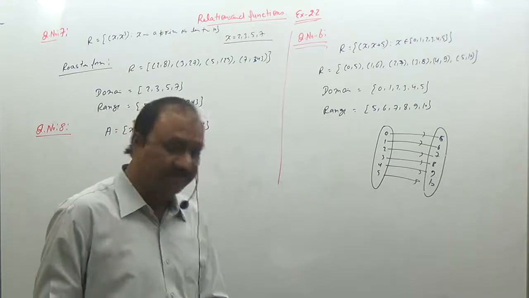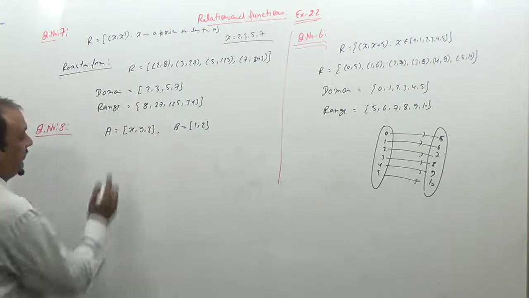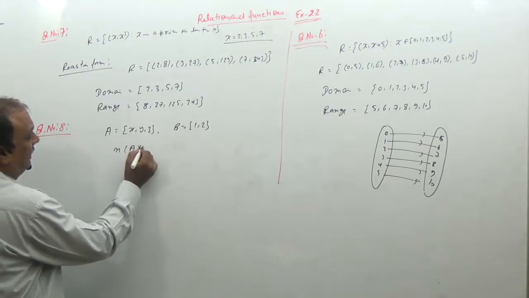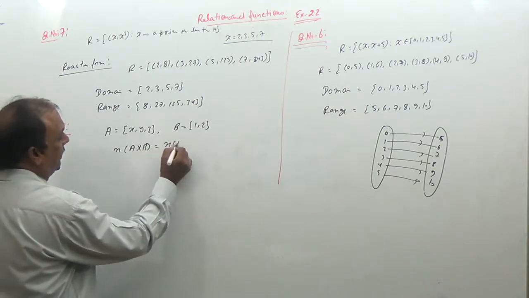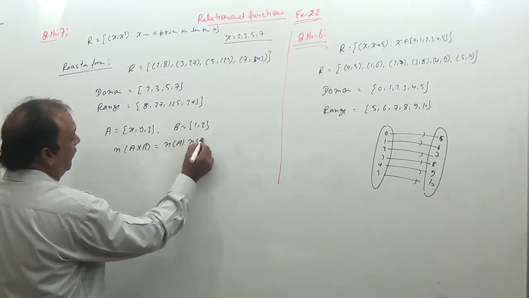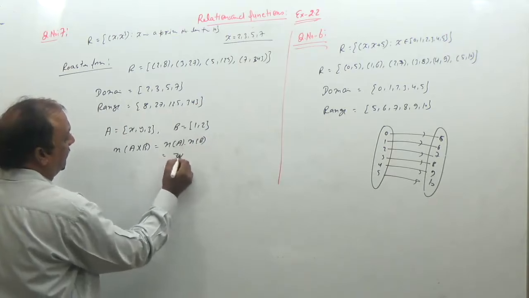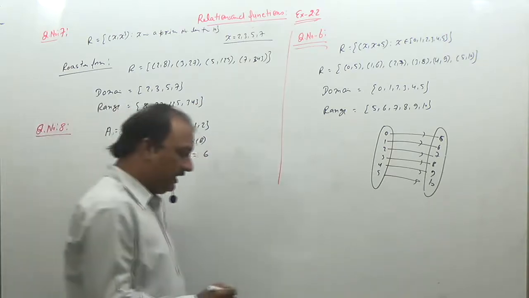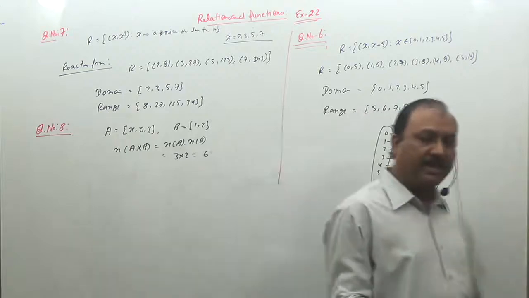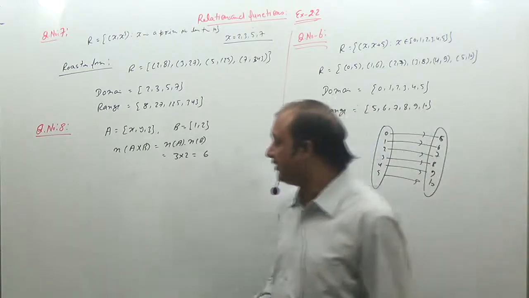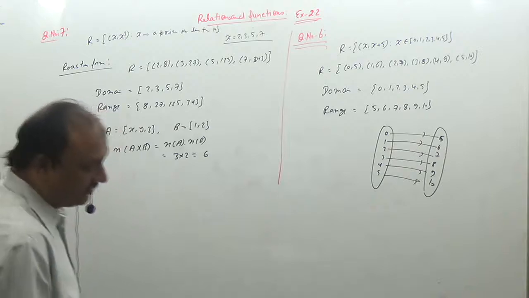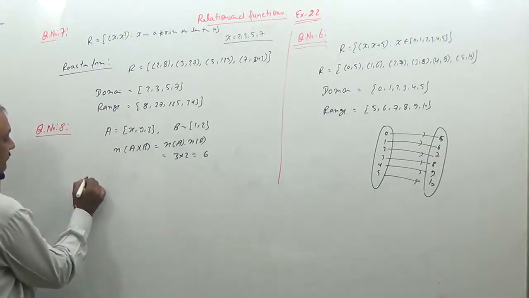Find the number of relations from A into B. So the number of elements of A cross B: the number of elements of A times the number of elements of B, that is 3 into 2, is 6. So when we take the Cartesian product of A cross B, we get the 6 ordered pairs of A cross B.